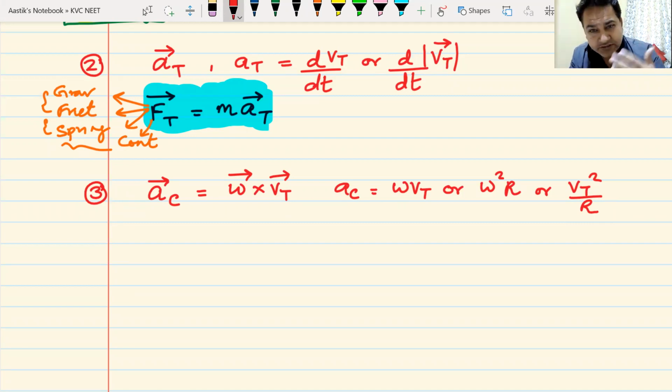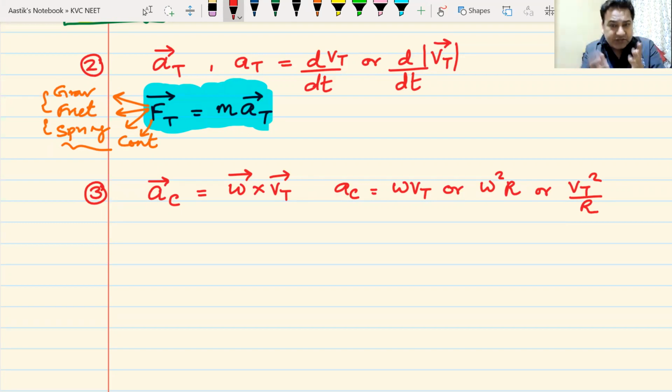If velocity only changes in direction, whatever changes direction, it must have centripetal acceleration, even though it is uniform circular motion. Speed does not change. Angular velocity does not change. There is no angular acceleration. But the direction of velocity changes. It always moves in a closed path. The direction changes, and hence there is always centripetal acceleration in the picture.